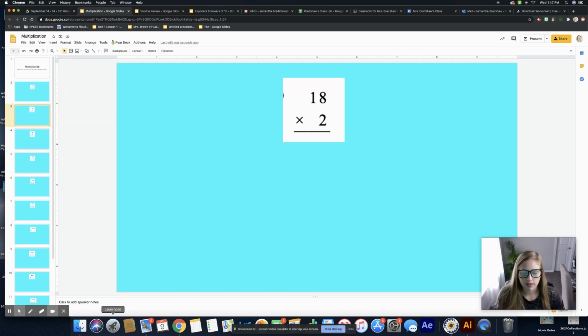Let's solve this one. Again, the first thing I'm going to do is cover up this number because I don't want to see it right now, so I can solve an easier problem. 2 times 8. Well, I know 2 times 8 is 16. I put my 6, carry my 1 up here.